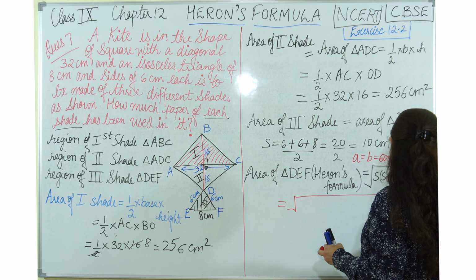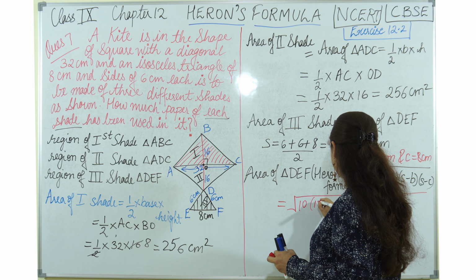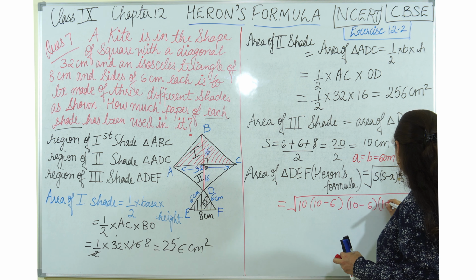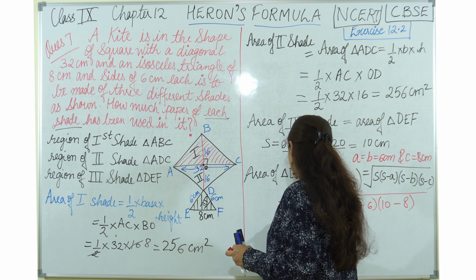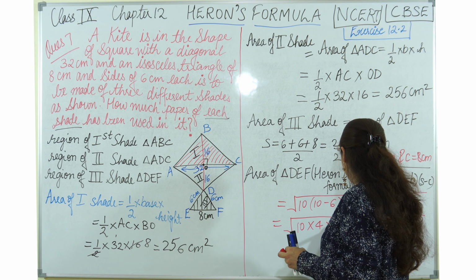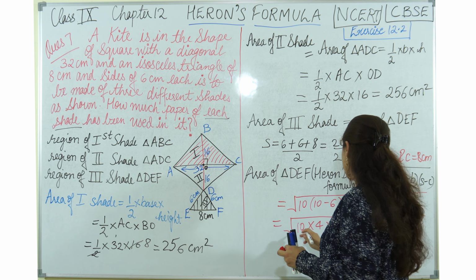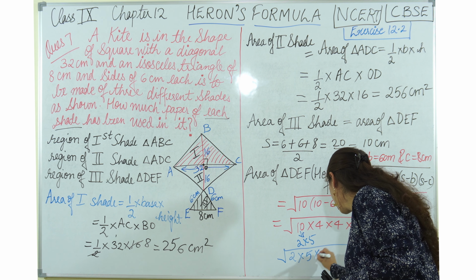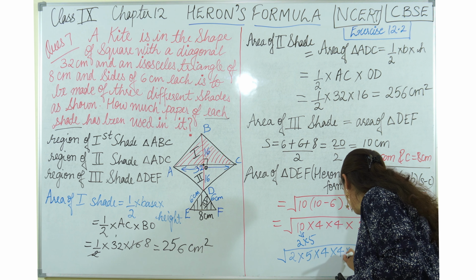So let us put over here S as 10, then 10 minus 6, again 10 minus 6 and 10 minus 8. From here I'll be getting 10 into 4 into 4 into 2. I can write the factors of 10 as 2 into 5. So I'll be getting under root 2 into 5 into 4 into 4 into 2.